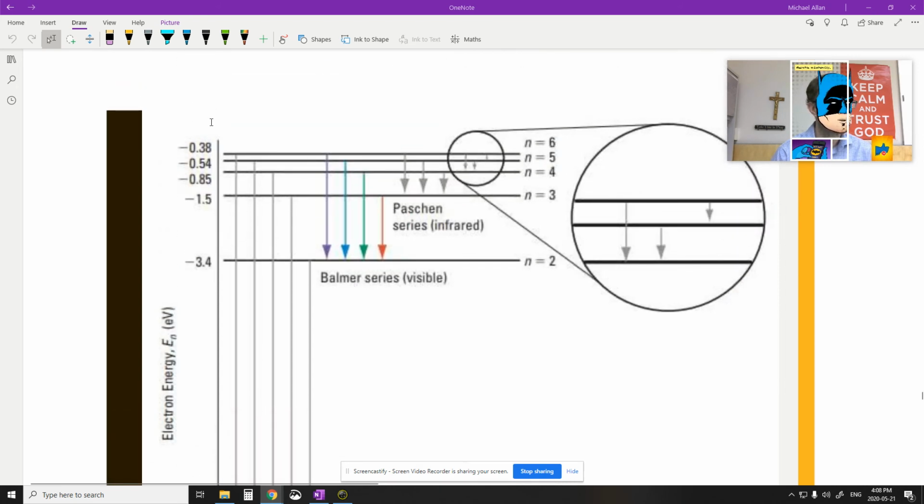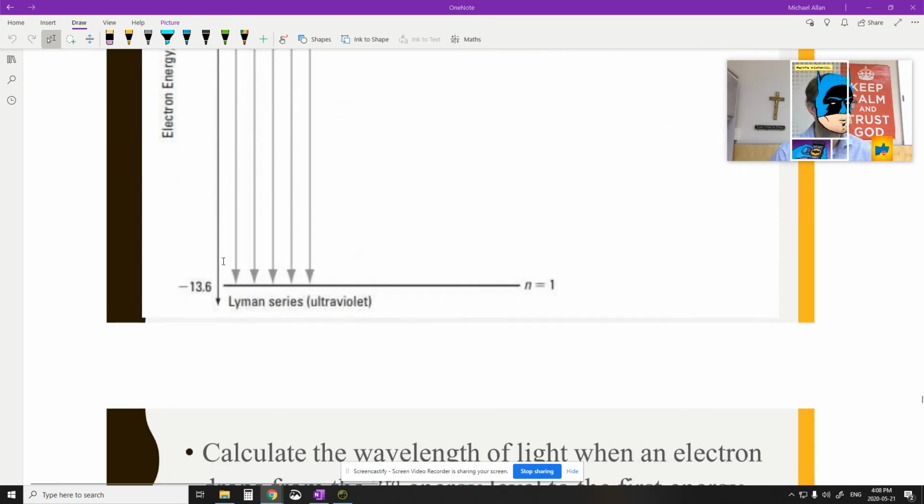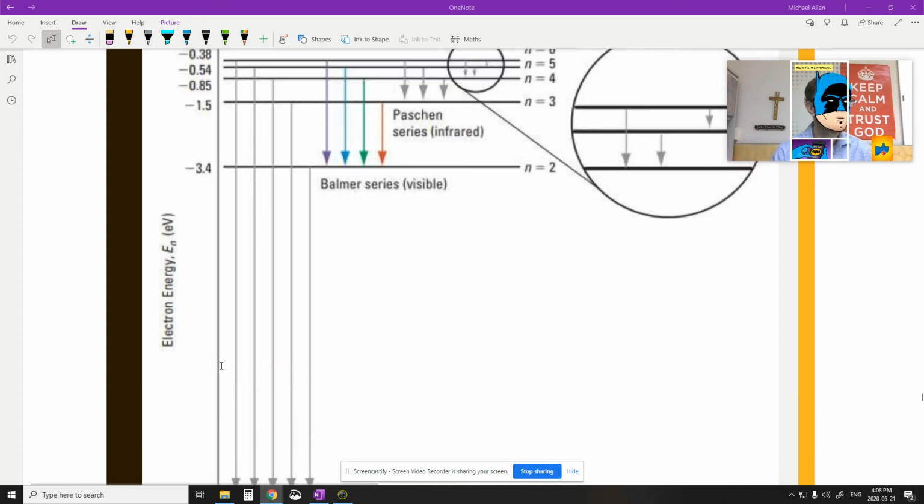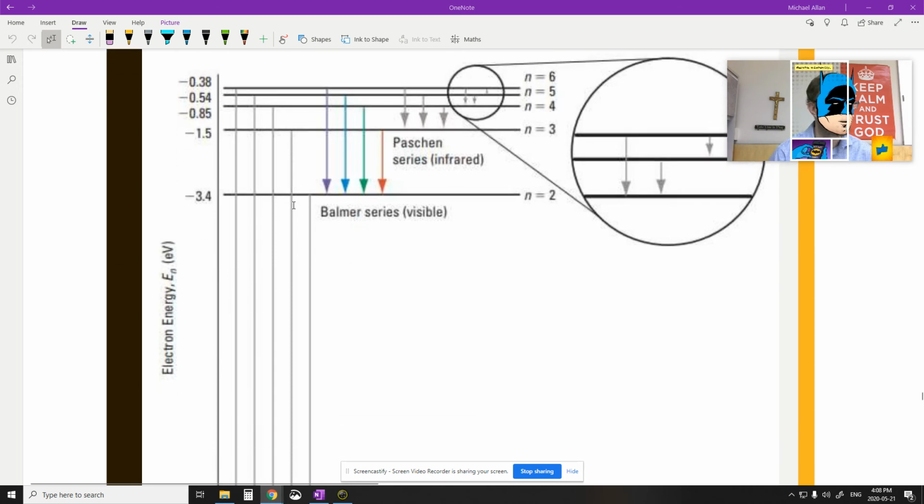Zero would be up here somewhere. On most pictures, you don't see it. But if I got to zero energy, I would be ionized. So anything more than this, I would ionize it. So gamma rays, high energy X-rays and ultraviolet could ionize this. This is for a hydrogen atom here.